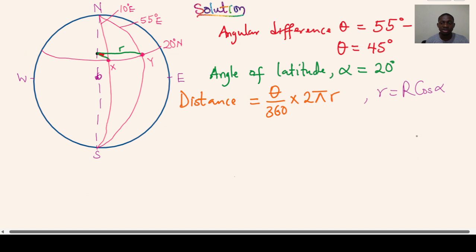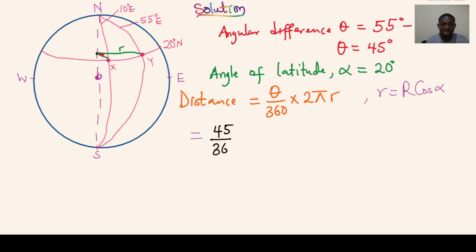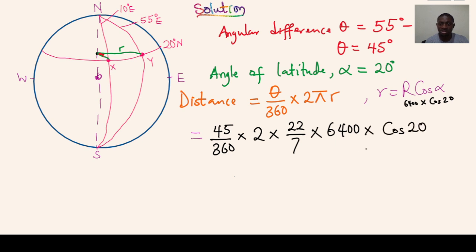Now that we know this, we can bring in the values to say theta over 360. This now becomes 45 degrees over 360 degrees multiplied by 2 multiplied by pi, which is 22/7, multiplied by this small r, which is 6,400 multiplied by cos 20. So we bring that here, 6,400, which is the radius of the Earth, multiplied by cos 20 degrees.